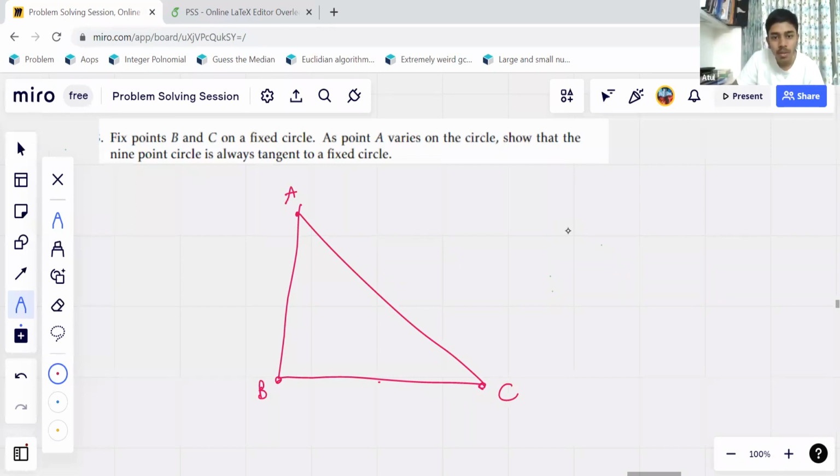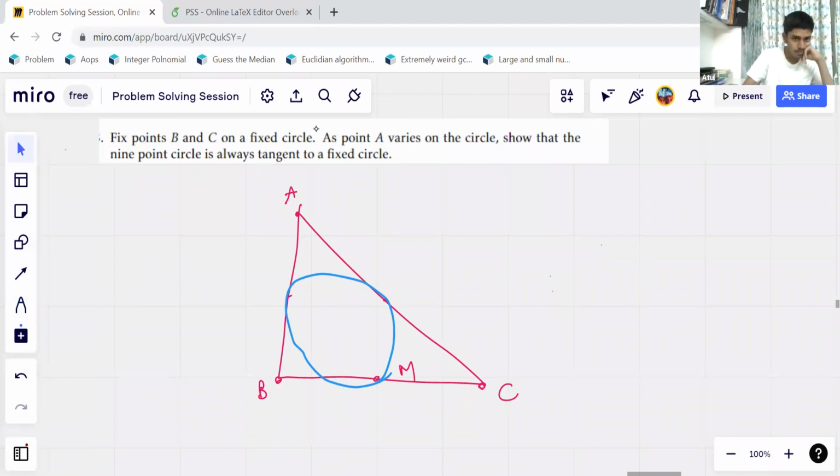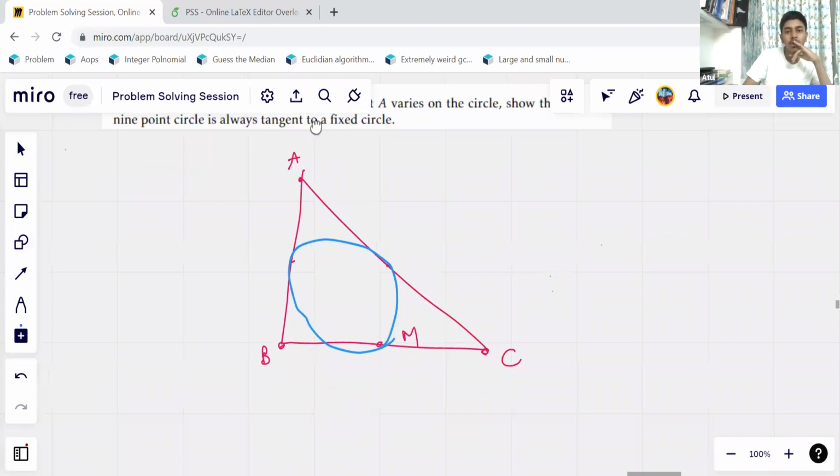We are fixing the circle and we're looking for the 9-point circle. Okay, so the nice thing is that this will always go through the midpoint of BC. So it does have some fixed thing.